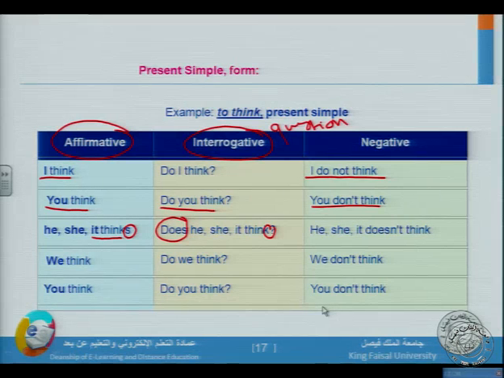Does he think? He, she does not think. We think. Do we think? We don't think. You think. Do you think? You don't think. Okay? So just look at this chart again and again to understand what is the affirmative sentence with a simple present, how can we make a negative statement, and how can we form a question or interrogatives using the simple present, using do and does.